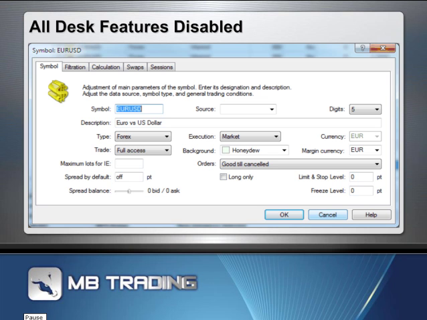You can also see spread by default is turned off, spread balancing. These are things that don't matter to us because our quotes are pulled from consolidation of multiple banks in the system. We basically have several entities that show their bid and ask along with our customers and other trading funds, if you will, and our system basically takes the best bid and the best ask and reflects that as our quote.